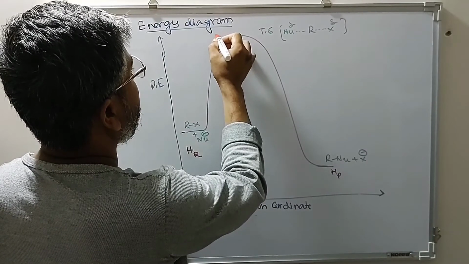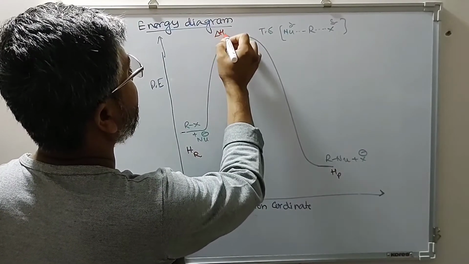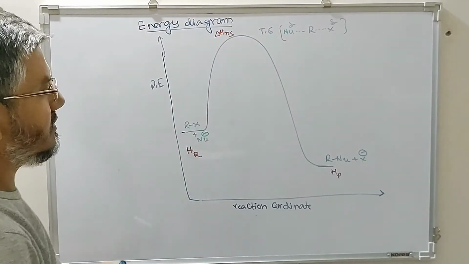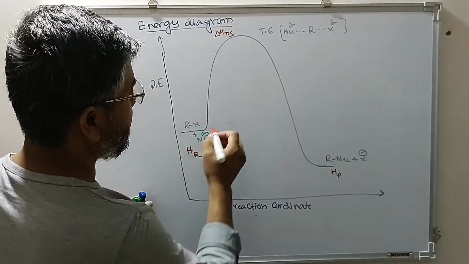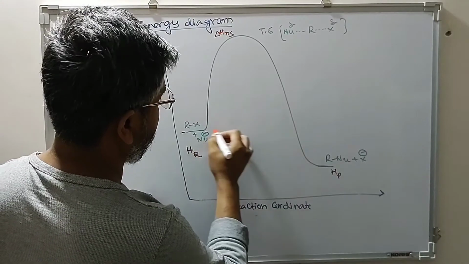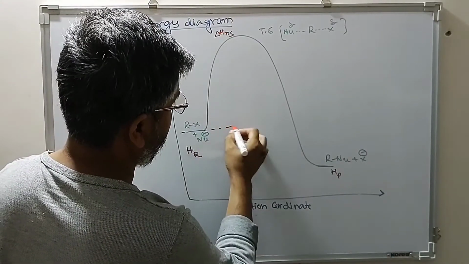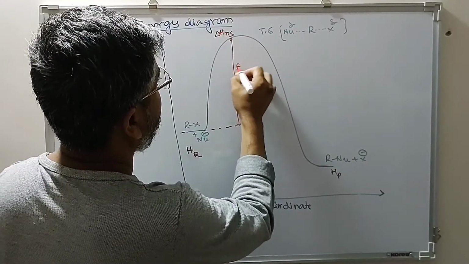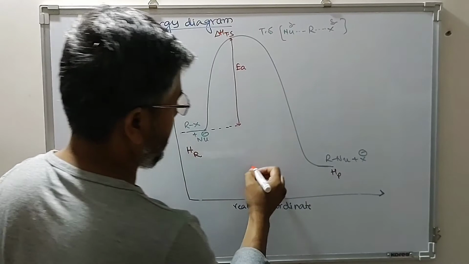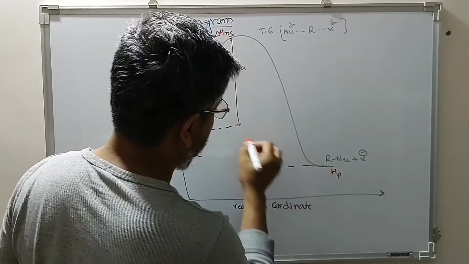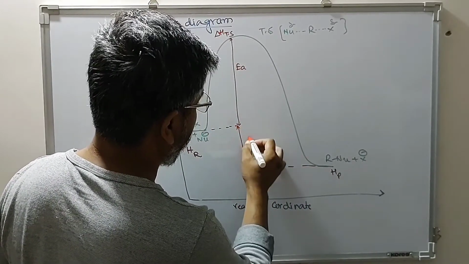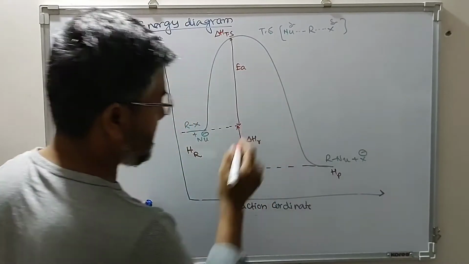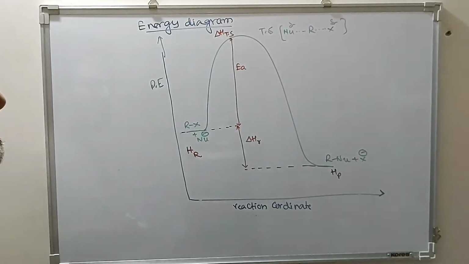This is delta H of the transition state, and this energy gap is the activation energy of the forward reaction, and this energy gap is what we call the enthalpy of reaction. Now look at this.